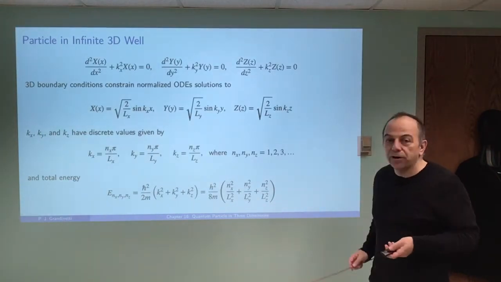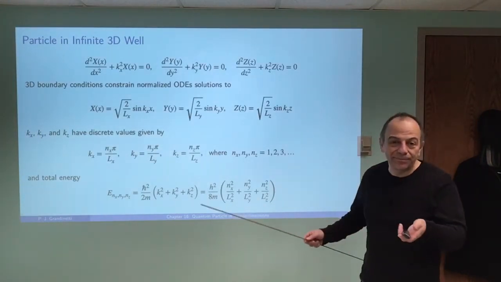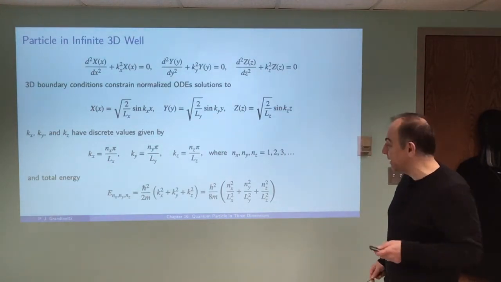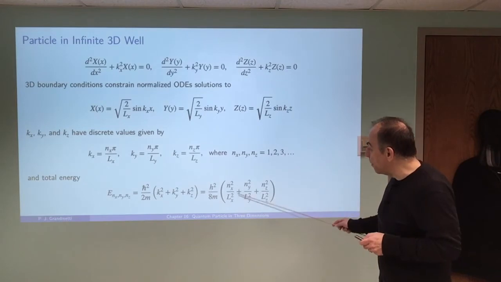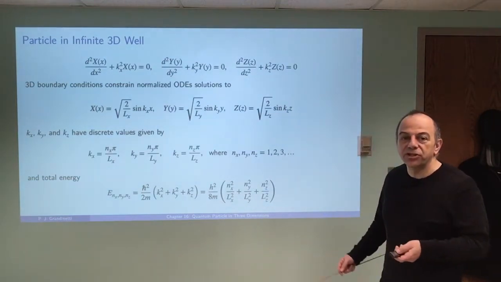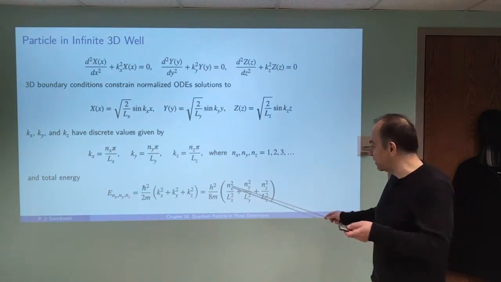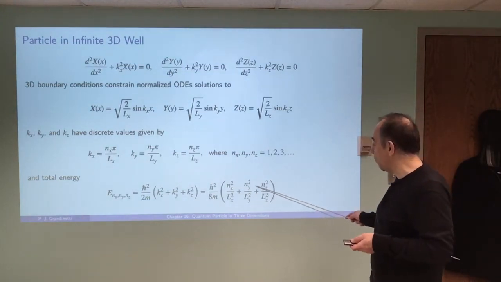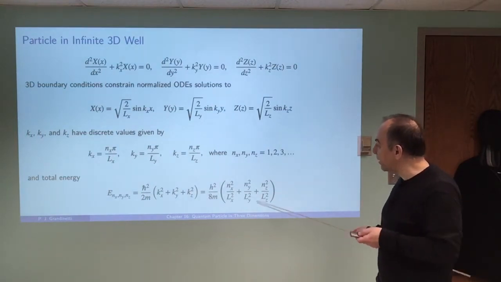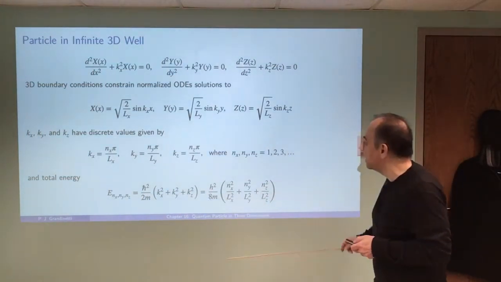So we've solved the particle in an infinite 3D well. Not so bad, a very simple generalization of what we learned in the 1D case. But the most important difference is that we have three quantum numbers associated, one for each direction or dimension: nx, ny, and nz.